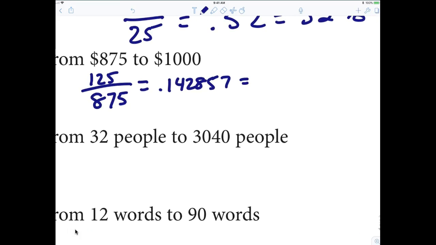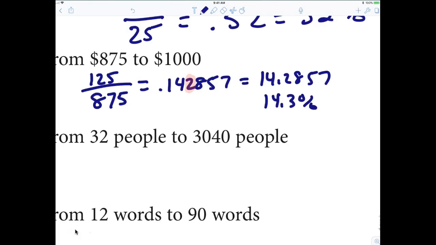Now remember, here's something kind of interesting, because it says rounded to the nearest 1/10 of a percent. So this would be 14.2857, correct? So then it would round to what? 14.3. Yes, 14.3%.